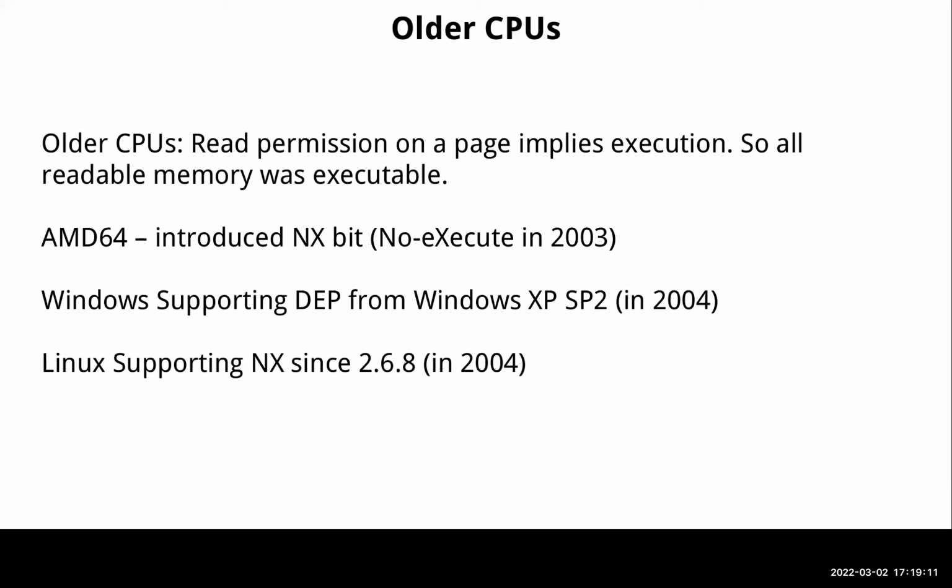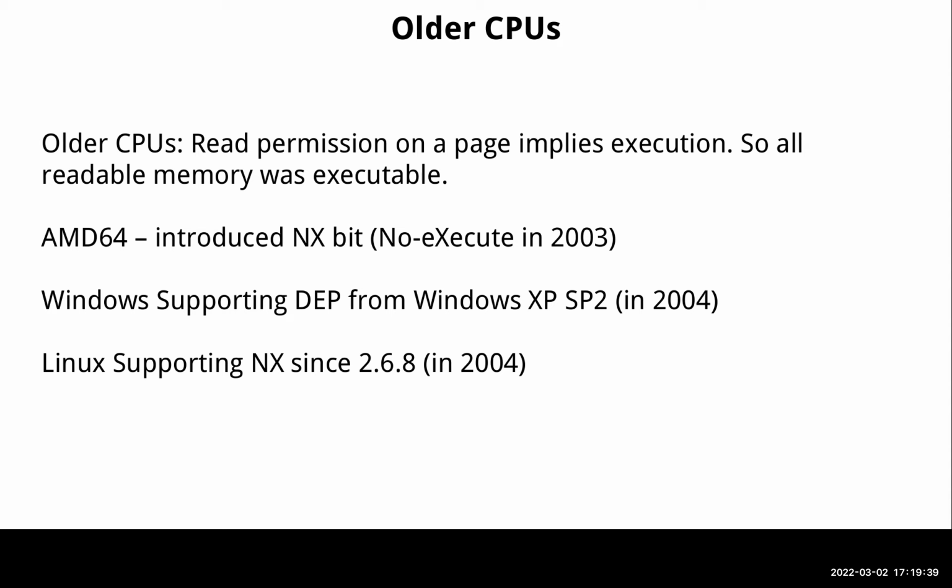Some old computer systems, for example in the 2020s, those Intel CPUs, the read permission basically implies executable. There is no separate permission for read and executable. So if a memory page is readable, it is also executable, which means if a memory page is readable and writable, it is also writable and executable.